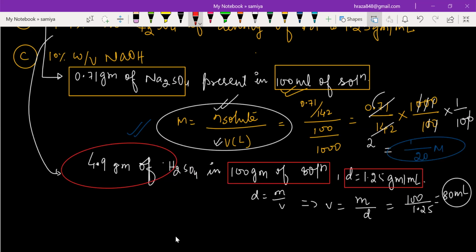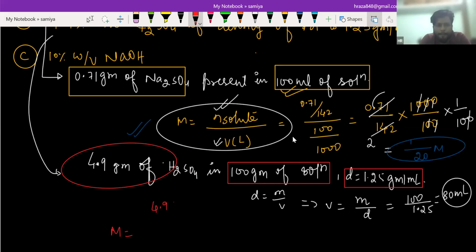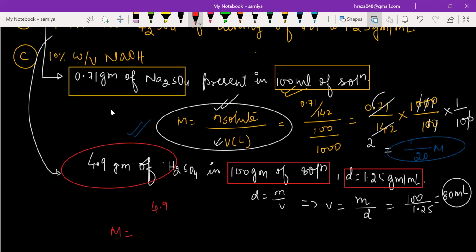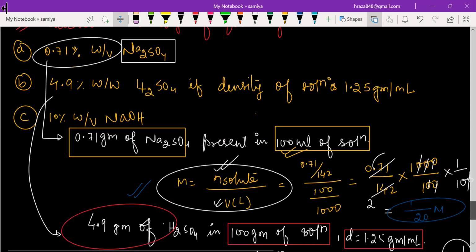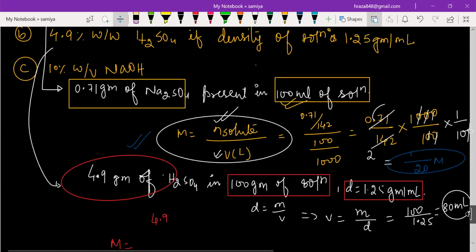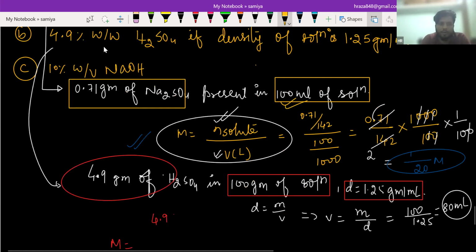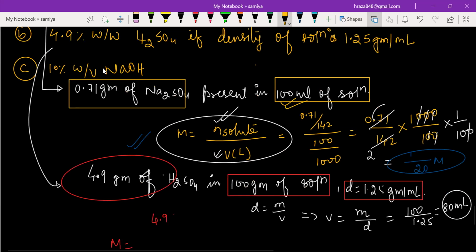Yes, sir. Sir, if the percentage is not given, then how will we know, like if 100 gram of solution is taken? See, what do you want to say? 4.9% is not given?